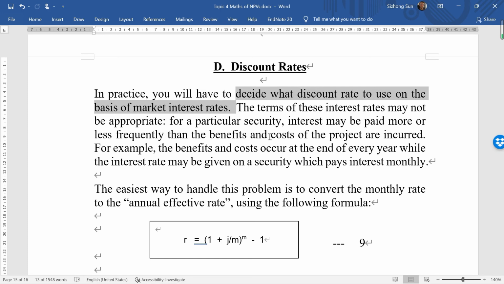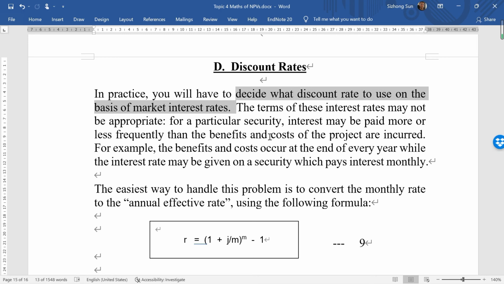So the point here is that the compounding period is not the same as when the benefits and costs actually occur. In such cases, this is an additional layer of complexity. We can address this.